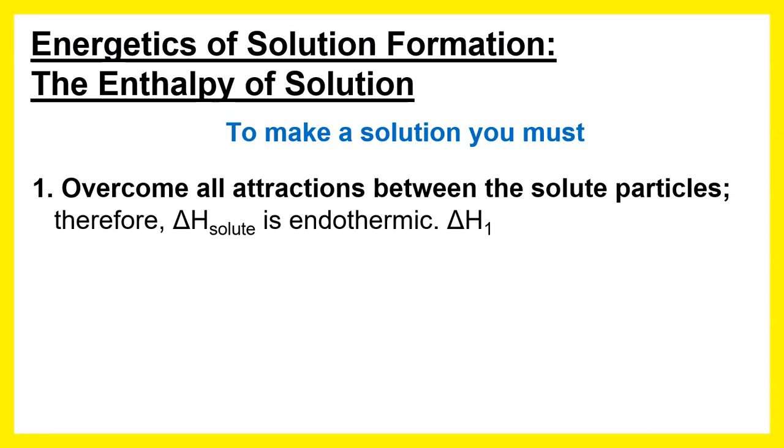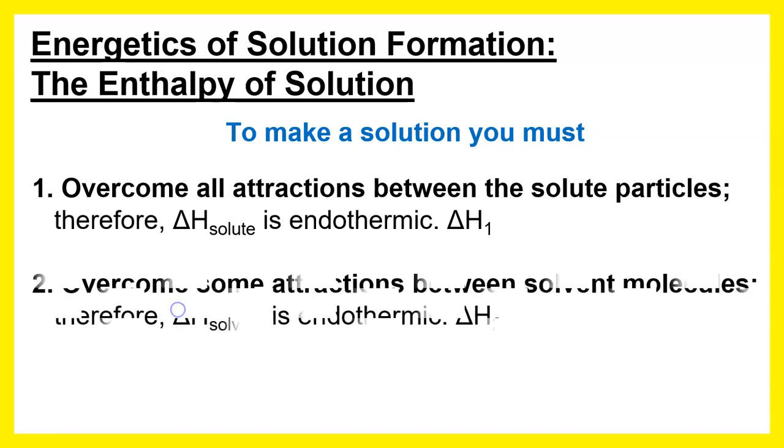Step 2, you've got to spread out some of the solvent molecules also. You need space to mix in those solute particles. So that's endothermic. And then you're going to start forming new attractions between the solute and the solvent. And when we're making these new attractions, there's a release of energy.